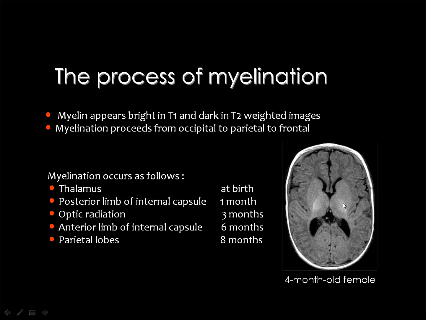And if you have an MRI of a newborn, then you will see a high signal intensity in the thalamus, which represents the myelinated area in this particular site. Then myelination continues by the posterior limb of the internal capsule, optic radiation, anterior limb, and the parietal lobes.